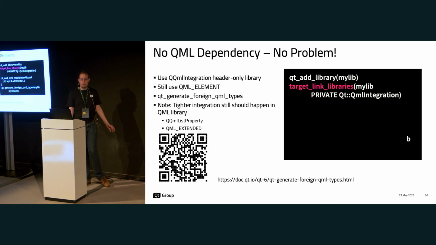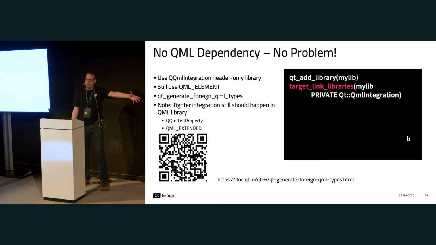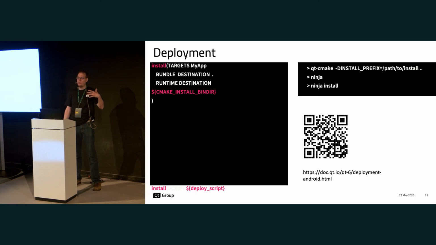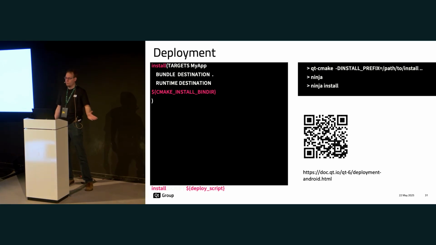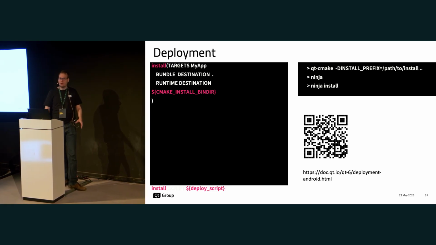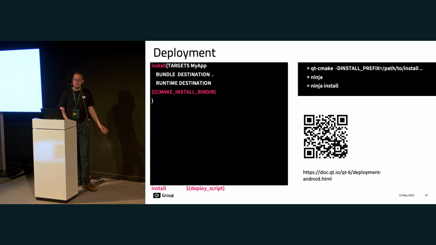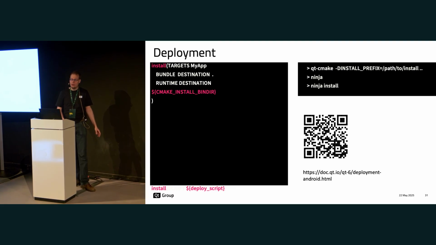The last part I'd like to mention is deployment. So you have your application and you want to deploy it to your users. How can QML modules help you there? You have to do the usual CMake stuff, which is the install target. And then you have to do some rather lengthy command, which actually does quite a bit of work.